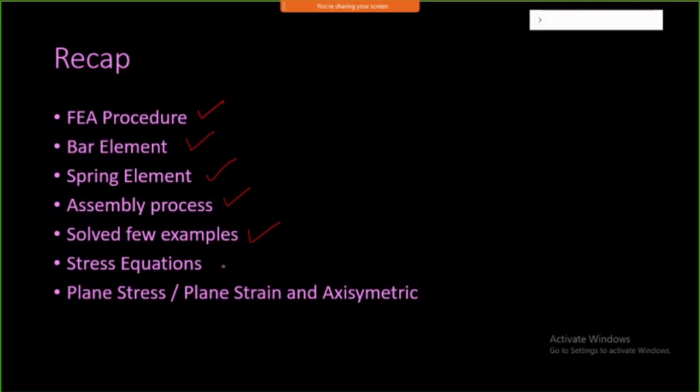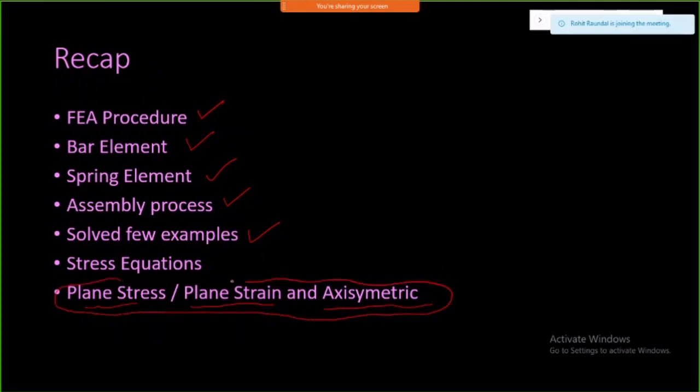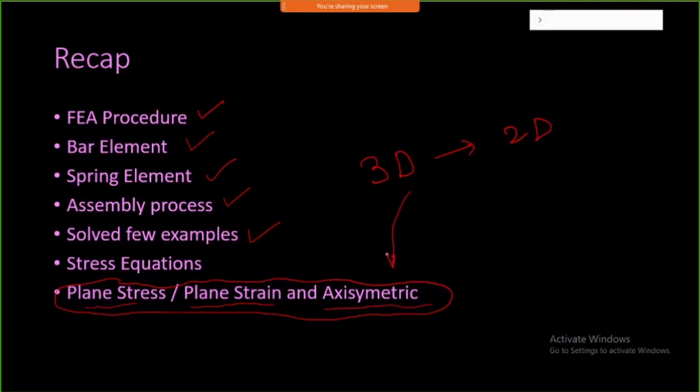The last two sessions were specifically on stress equations, and we also saw what plane stress means, what the need for it is, and we discussed plane strain and axisymmetric cases. These are typically used to convert any complicated 3D model into a 2D model. That is basically the aim of plane stress and axisymmetric operations. It is a kind of transformation we do.